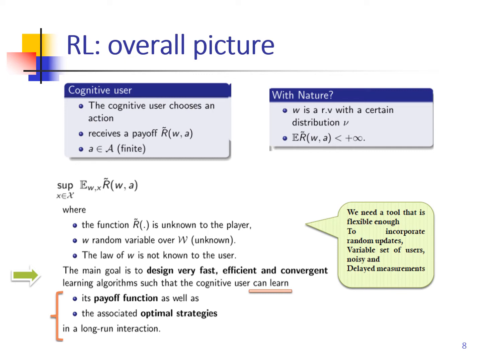So the agent will model this environment with a given distribution, because he doesn't have any information about it. Okay, but obviously this environment will play a role in terms of interference, for instance, in the case of wireless communication. Okay. So this user has to choose a given action or strategy, right?